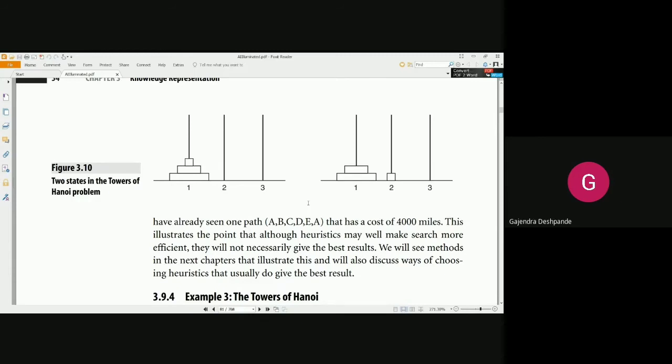You need to move all these three discs from pole 1 to pole 3. But when you move all three discs, you should maintain the same order. That is, the largest disc should be at the bottom and the smallest should be at the top, and based on their width, they should be placed at the appropriate place.